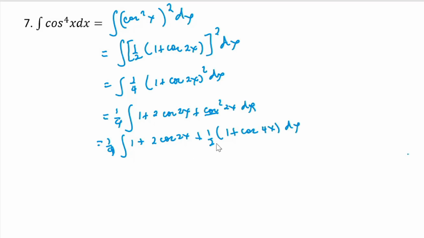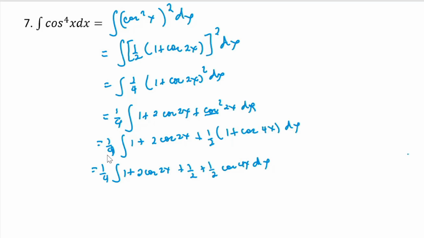So I'm going to expand the third term. We can write now 1/4 the integral of 1 plus 2 cosine of 2x plus 1 half plus 1 half of cosine 4x dx.